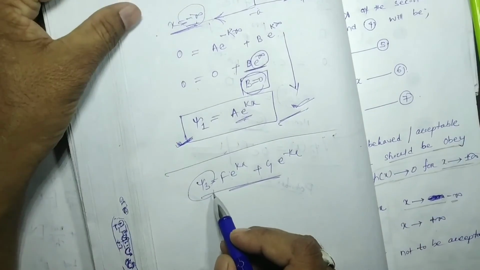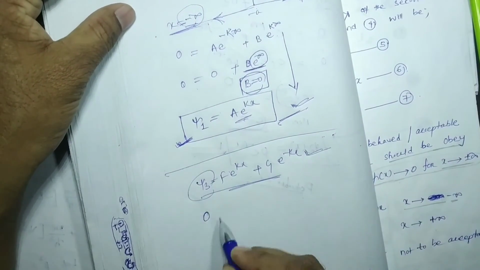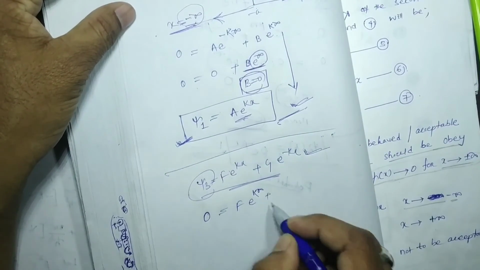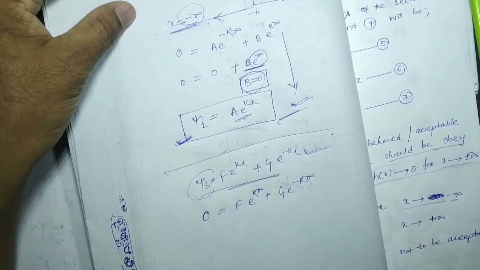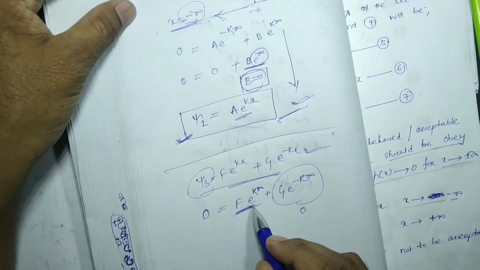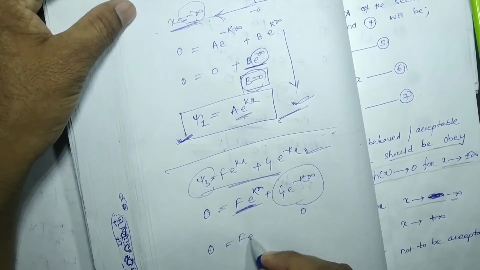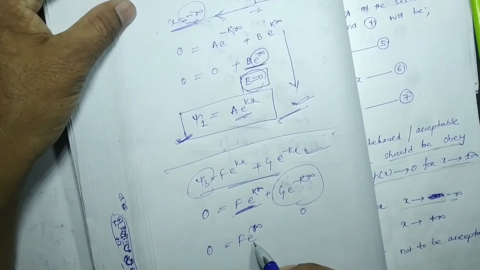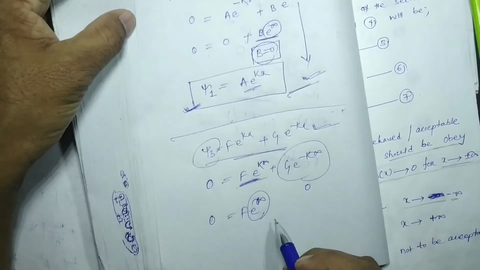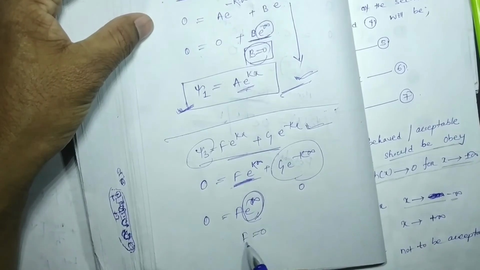So if this wave function has to obey the boundary condition, it should be 0 when x tends to infinity: f e to the power k infinity plus g e to the power minus k infinity. This second term is going to be 0, but the first term is going to be infinite. That means 0 equals f e to the power infinity. The e to the power infinity is infinite, so this cannot be 0. So f should be 0.